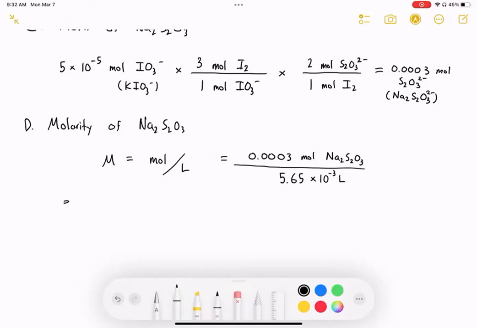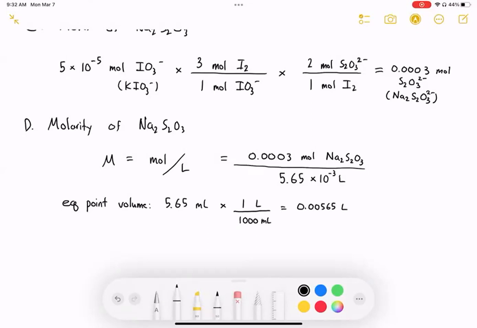So if my equivalence point volume is 5.65 milliliters, then in liters it would be like so, 0.00565 liters. Okay, so let's calculate that now.